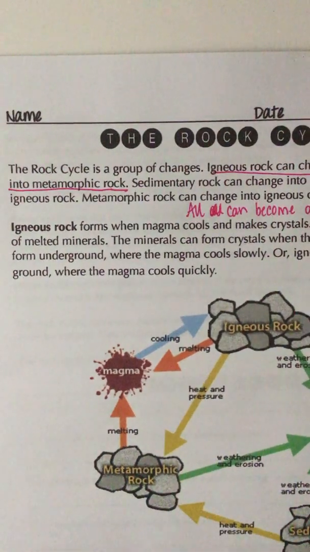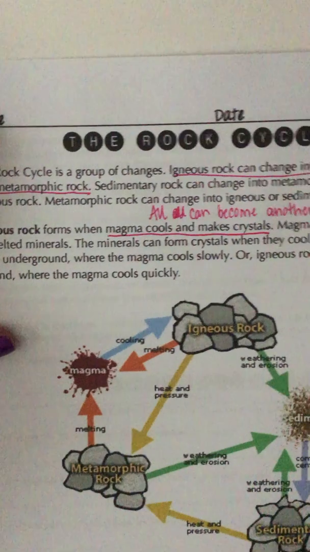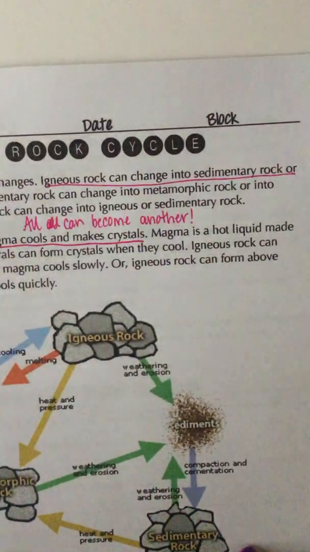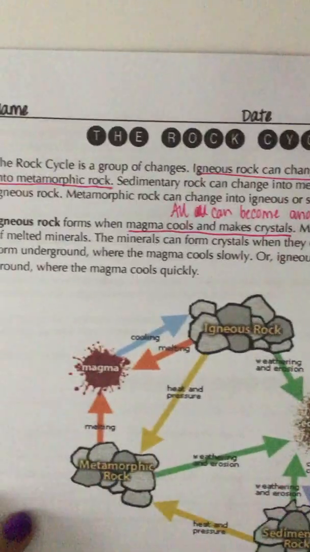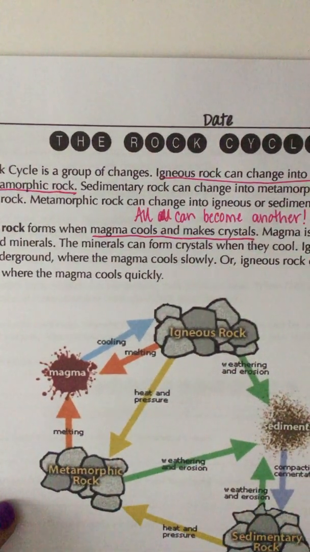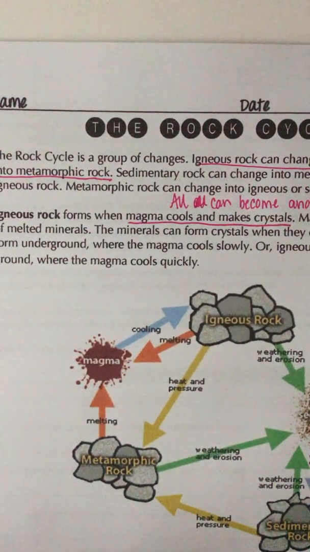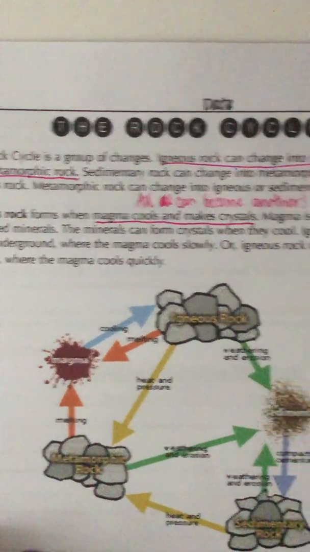So igneous rock forms when magma cools and makes crystals. Magma is a hot liquid made of melted minerals. The minerals can form crystals when they cool. Igneous rock can form underground where the magma cools slowly.